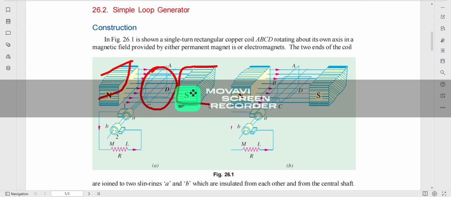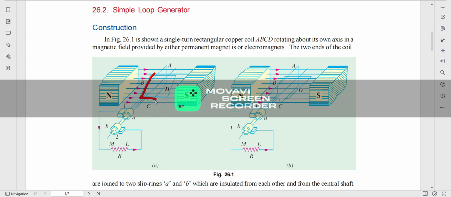We will be dealing with a simple loop generator. Consider a single turn loop ABCD, and let us assume that this coil is rotating in clockwise direction in a uniform magnetic field with a constant speed.